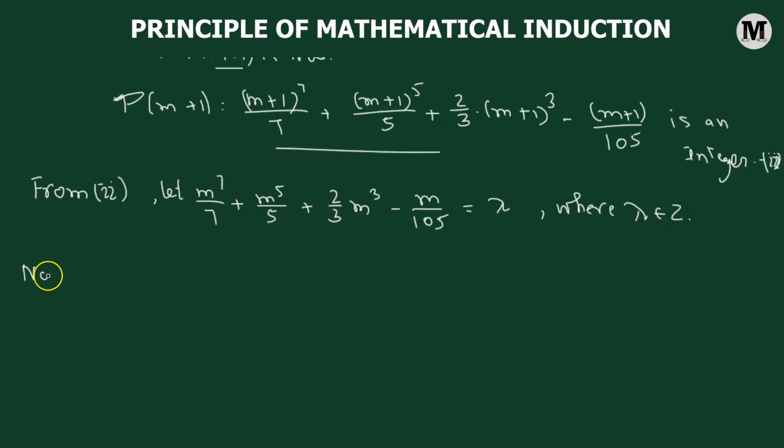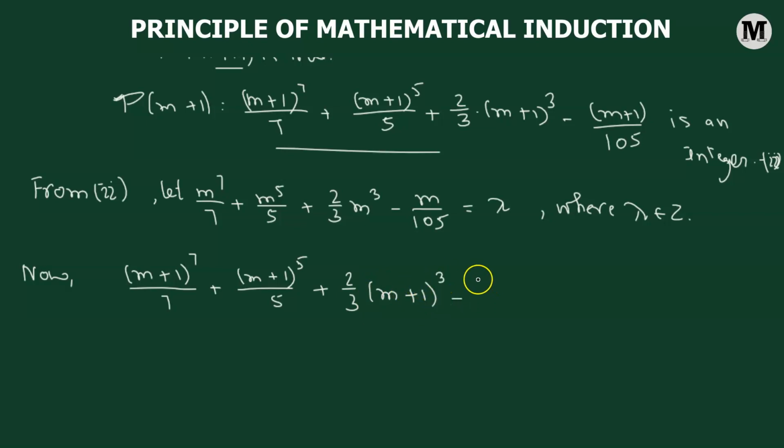Fine. Now we will be using this to verify the statement P(m+1). So now we'll take the expression (m+1) raised to the power of 7 over 7, added to (m+1) raised to the power of 5 divided by 5, added to 2 over 3 multiplied by (m+1) cubed, minus (m+1) divided by 105.